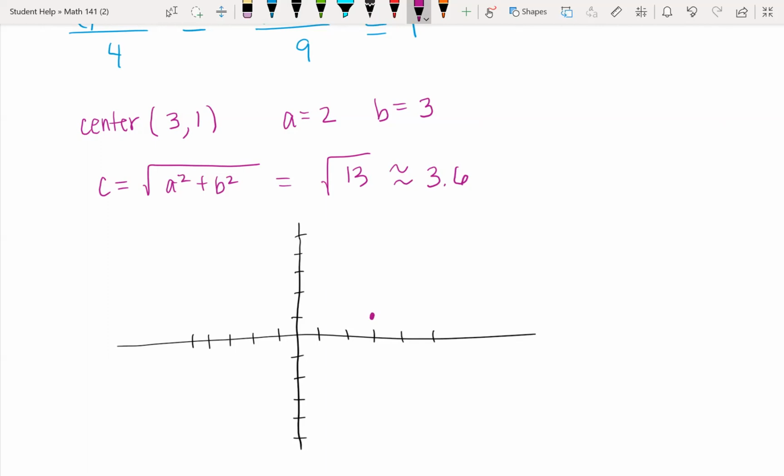So the vertices are going to be 2 up and 2 down from that. So we're going to go up from the center, 3, 1 plus 2, and down, 3, 1 minus 2. So 3, 3, and 3, -1.